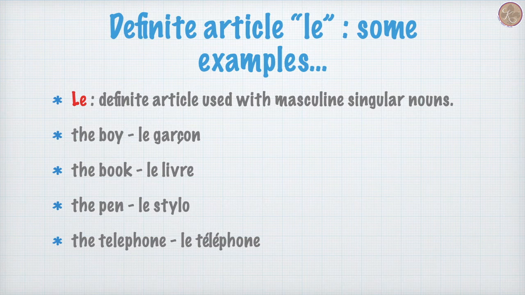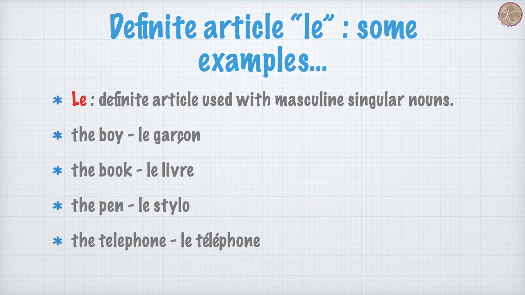Now remember, if you watched the introduction video, I mentioned that there is no neuter gender in French. All objects are either masculine or feminine. All inanimate nouns are either masculine or feminine. There's no neuter gender.